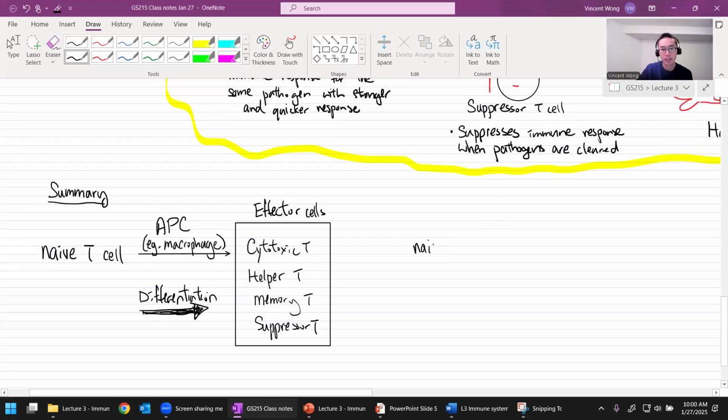Okay, what about naive B cell? What do we need to activate the naive B cell? Mm-hmm. Helper T cell. Helper T cell.